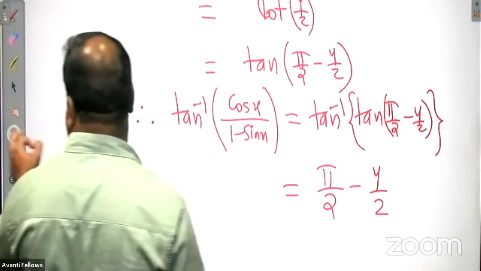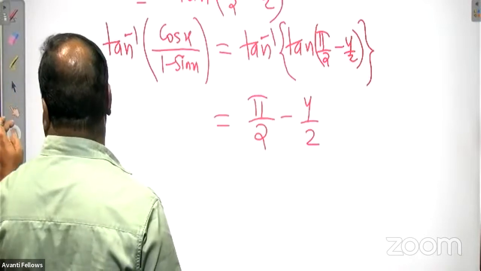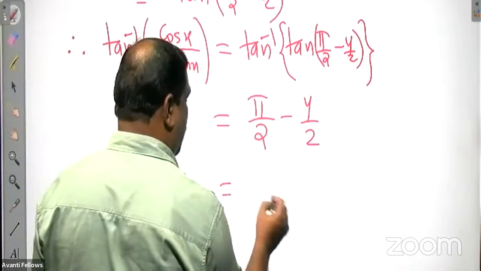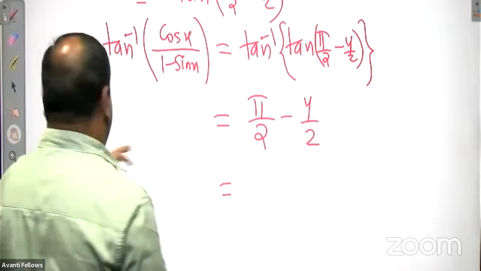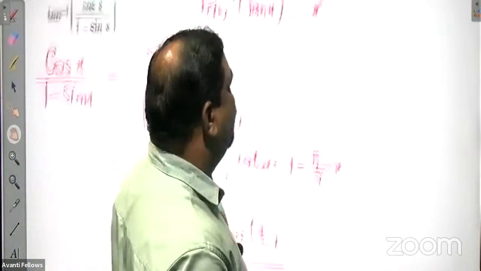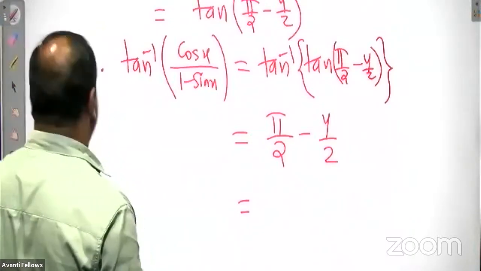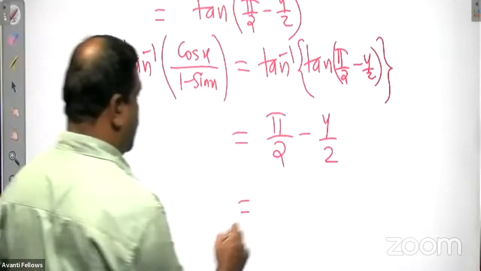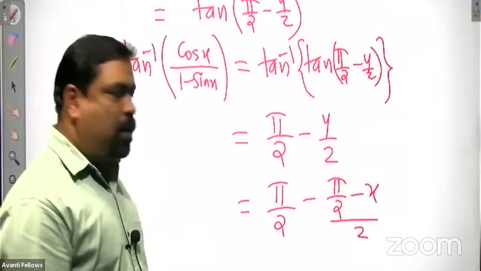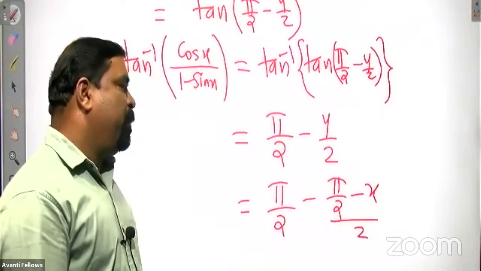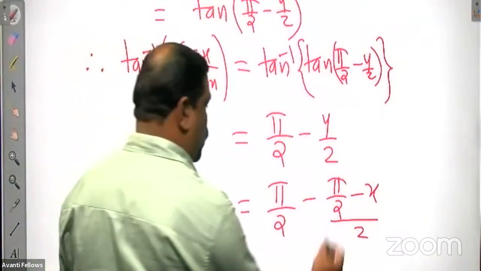What did we take as y? y is equal to pi by 2 minus x. So replace it: pi by 2 minus of pi by 2 minus x, divided by 2.